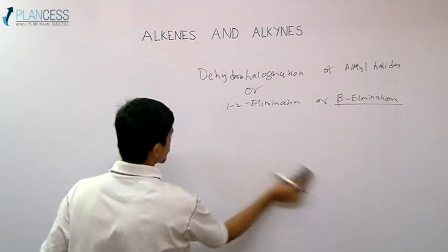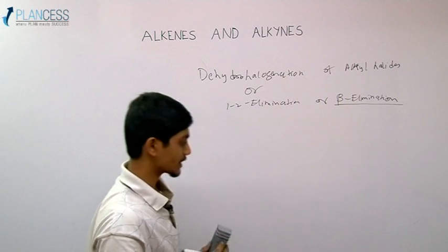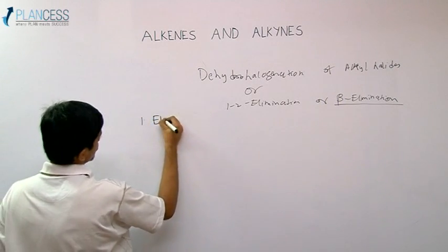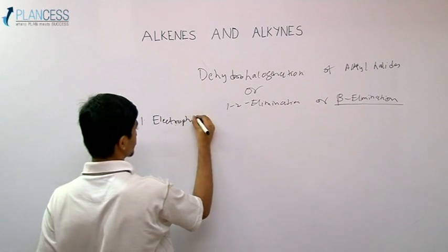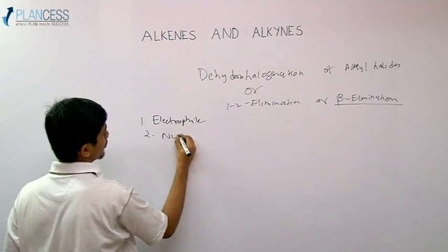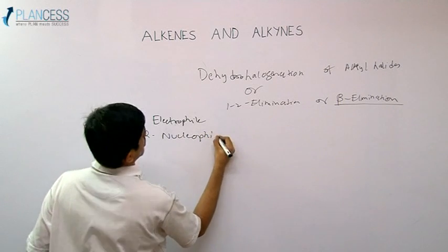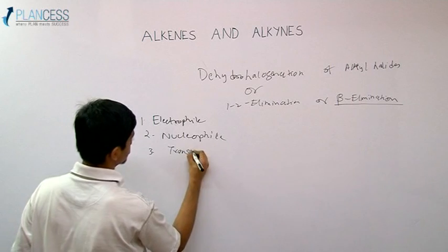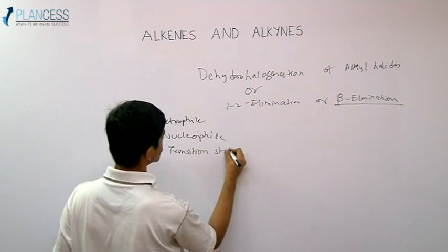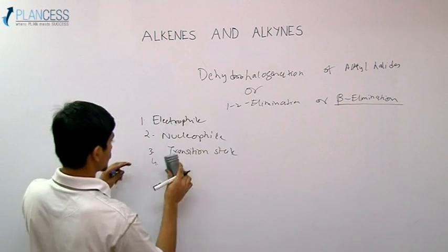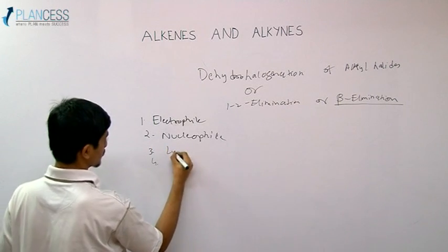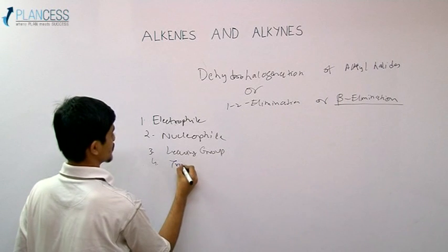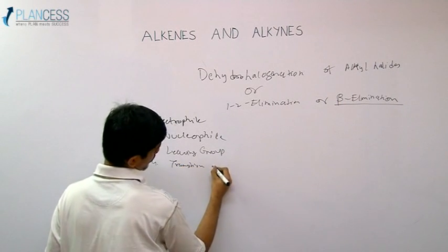So now let us go for the mechanism, but before the mechanism again we require the knowledge of three important terms. One is what is an electrophile, second is what is a nucleophile, third is what is a leaving group, and then transition state or intermediates.